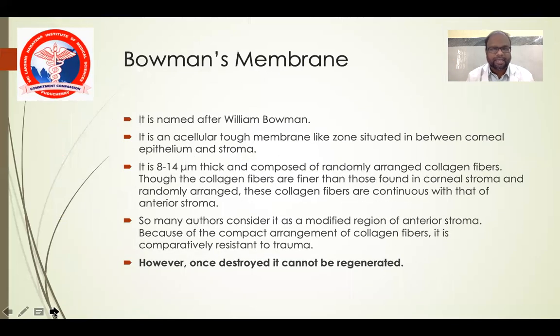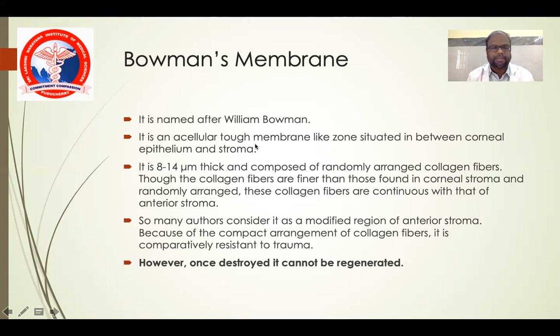Now coming to the second layer of the cornea, that is the Bowman's membrane. It is named after the English scientist and ophthalmologist Dr. William Bowman. It is an acellular, tough membrane-like zone, and it is situated between the corneal epithelium and the stroma.